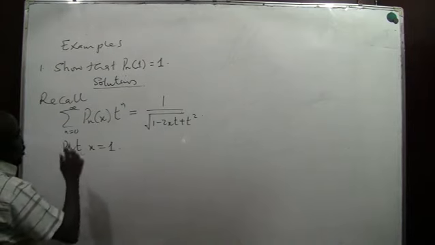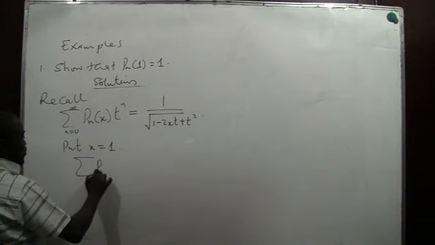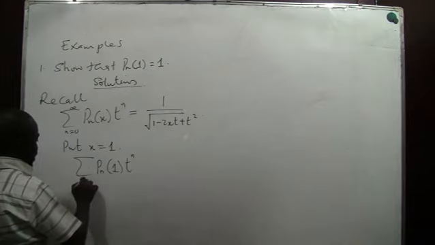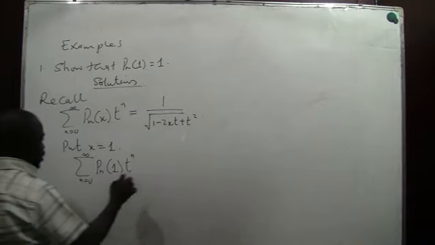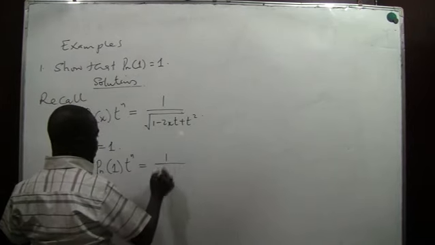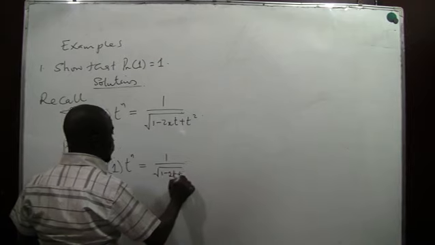If you substitute x equals 1 in the generating function of Legendre polynomial of first kind, we obtain summation Pn of 1 t raised to power n from 0 to infinity equals 1 divided by square root of 1 minus 2t plus t squared.